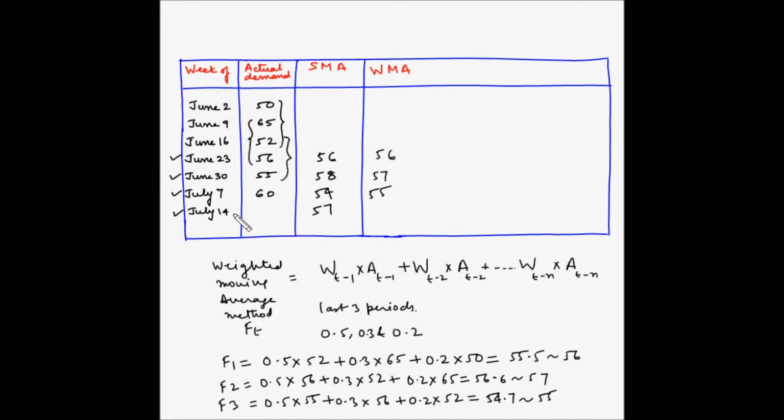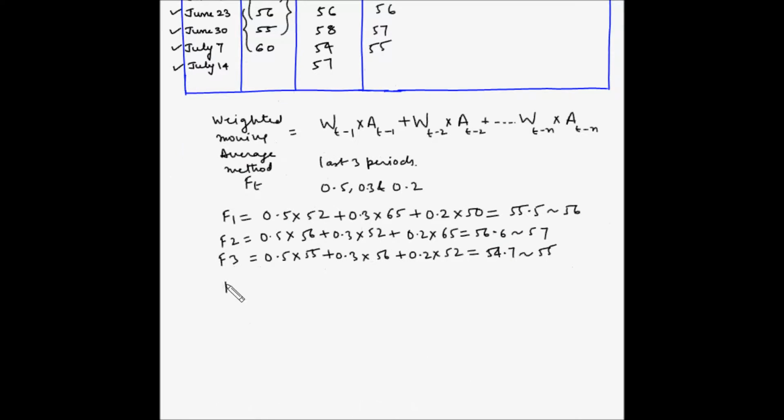Next, we'll forecast for July 14th. The last 3 periods are these 3. So F4 is equal to 0.5 multiplied by 60 plus 0.3 multiplied by 55 plus 0.2 multiplied by 56.